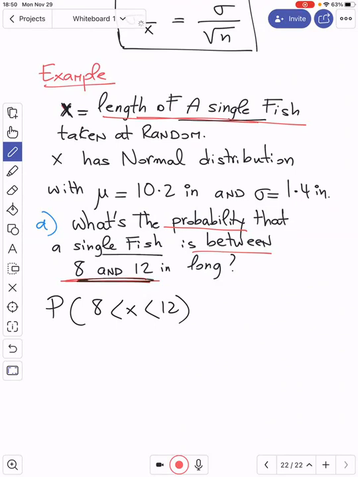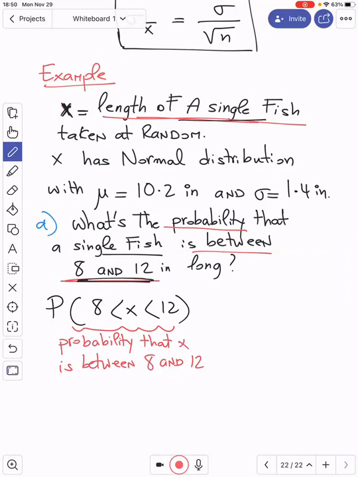That's the probability that X is between 8 and 12, right? And actually, we know how to do that, right? We discussed this in section 7.3, the last section.